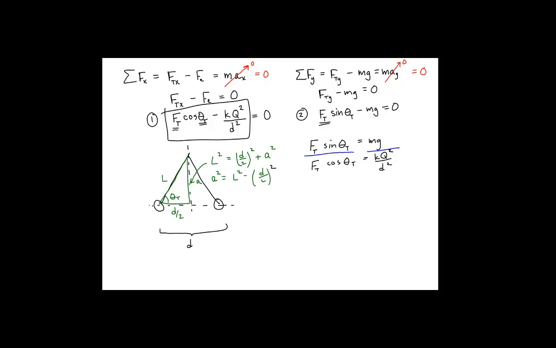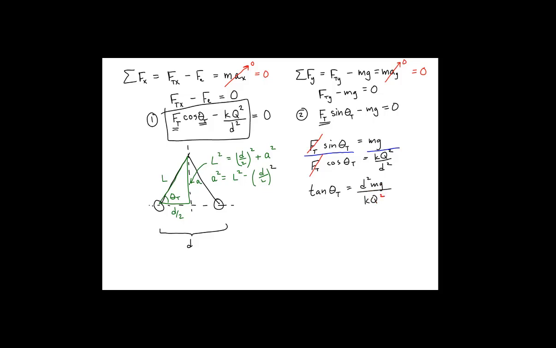So if you look at the left side, notice how that tension in the numerator cancels with the tension in the denominator. That's awesome. So this allows us to reduce our unknowns from 3 unknowns to just 2 unknowns without even having to solve for one of those unknowns, which is tension.